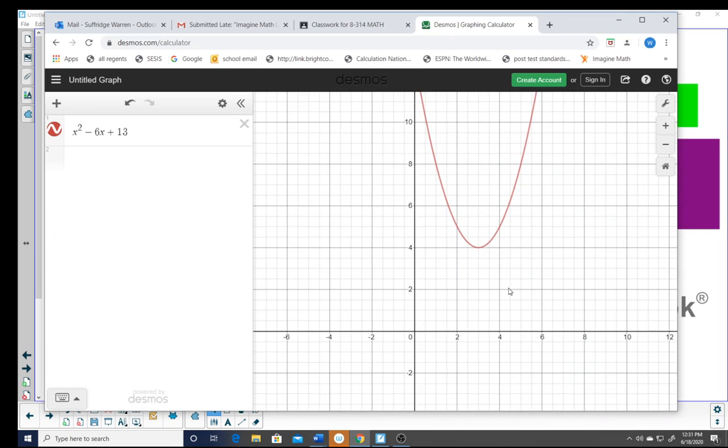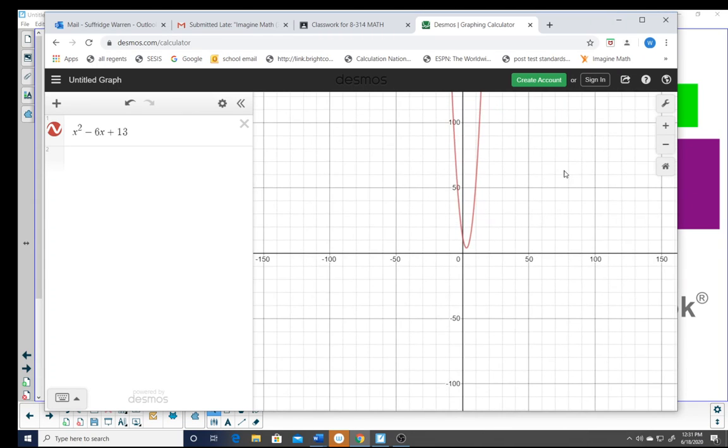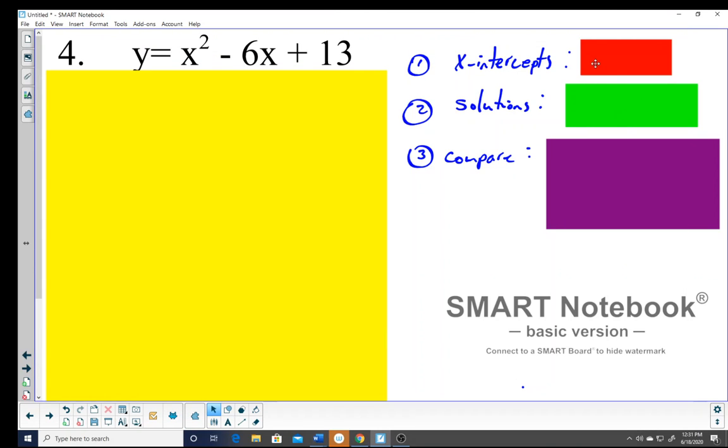It's way up here, and what are you noticing? Your x-axis is right here. Your parabola is here. That is never going to cross the x-axis. So what do we say? There are no x-intercepts. So that function has no x-intercept.